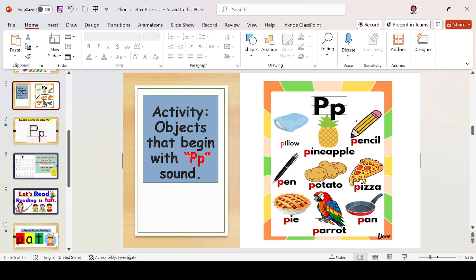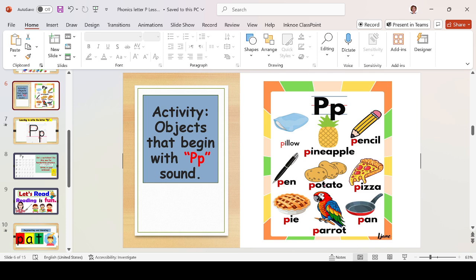This one is P for pillow and P for pineapple, P for pencil, the one you are going to use to write, and P for pen, the one your teacher uses to mark your work.